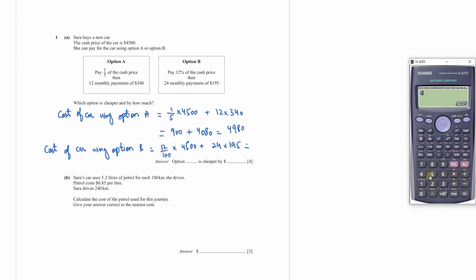So this will be 4,500 into 0.12, 540, plus 24 times 195, which is 4,680, and plus 540, you will get 5,220.